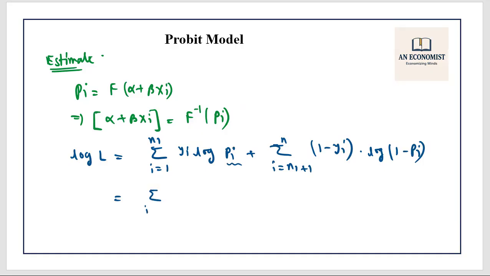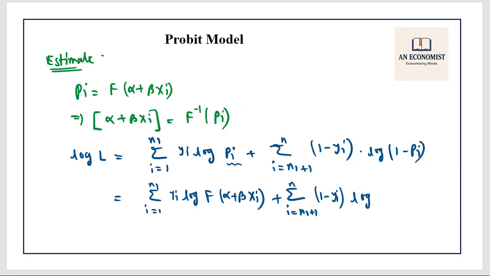It will be summation i from 1 to n1 yi log of, instead of pi, F of alpha plus beta xi, plus summation i from n1 plus 1 up to n, 1 minus yi log of, instead of 1 minus pi, 1 minus F of alpha plus beta xi. Right? So this is the log likelihood function now.